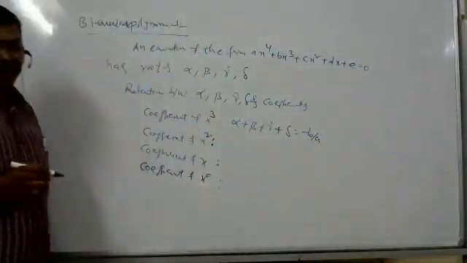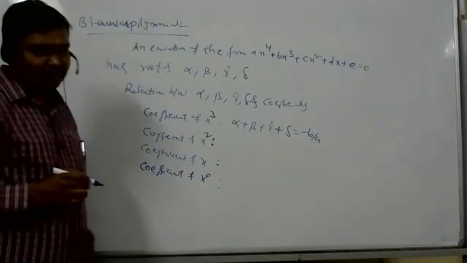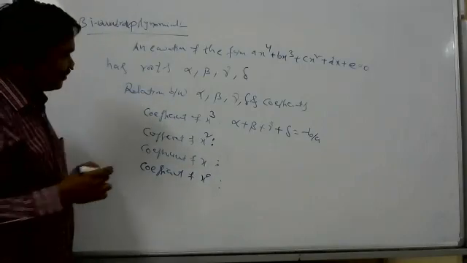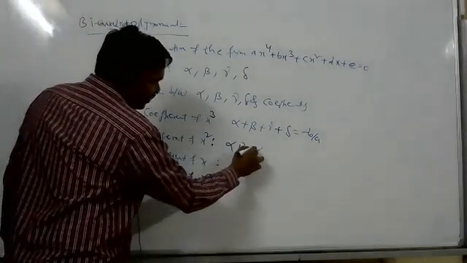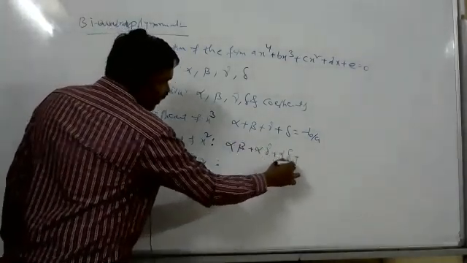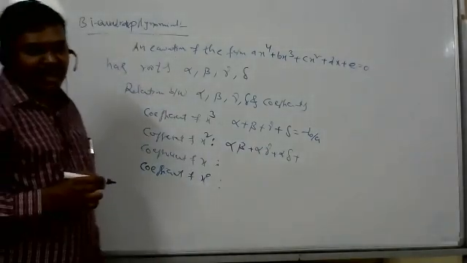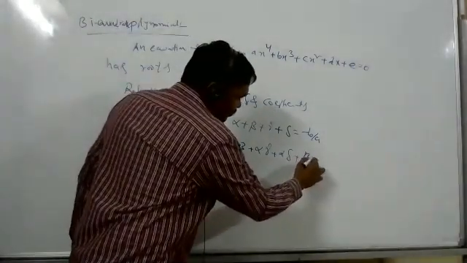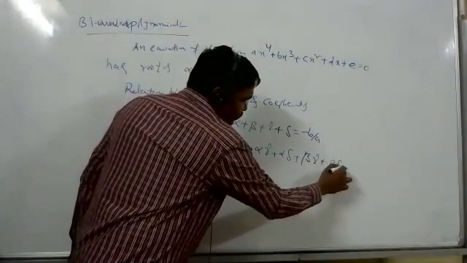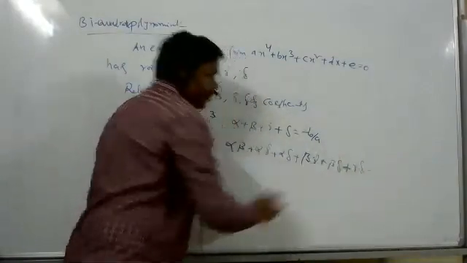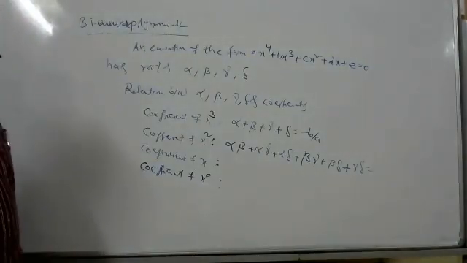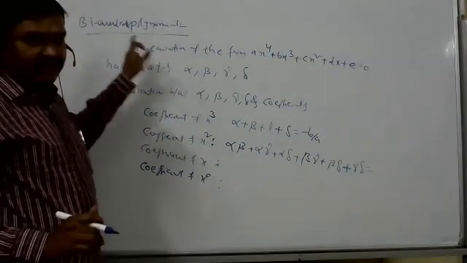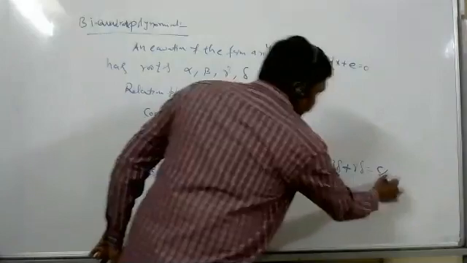Next, x square: alpha beta, alpha gamma, alpha delta plus beta gamma, beta delta, gamma delta is equal to c by a.